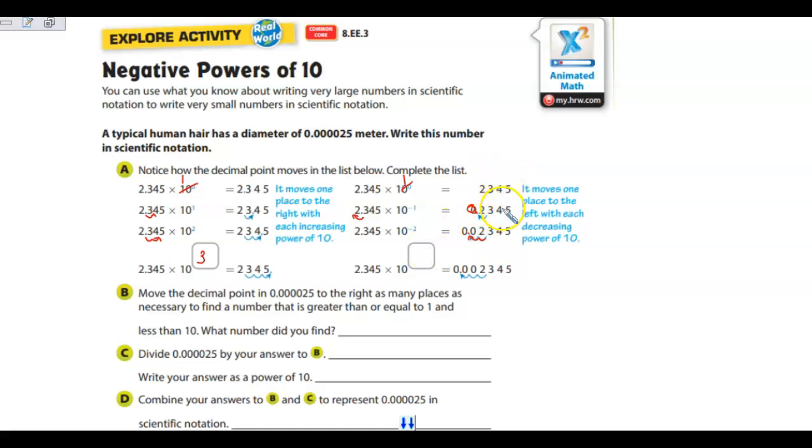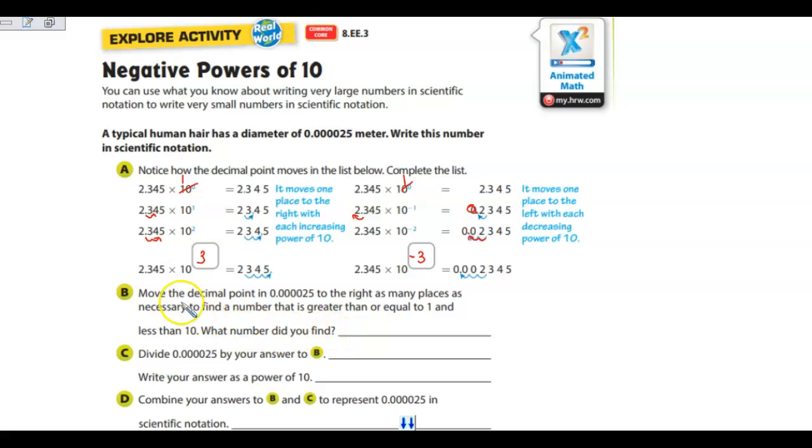So what we're noticing is that as the exponents decrease, as they go down, it moves to the left. And so a decreasing power of 10 moves to the left. So in this case, the decimal moves 1, 2, 3, so it's going to go a negative third power. Okay? Remember, the power is the movement of the decimal.